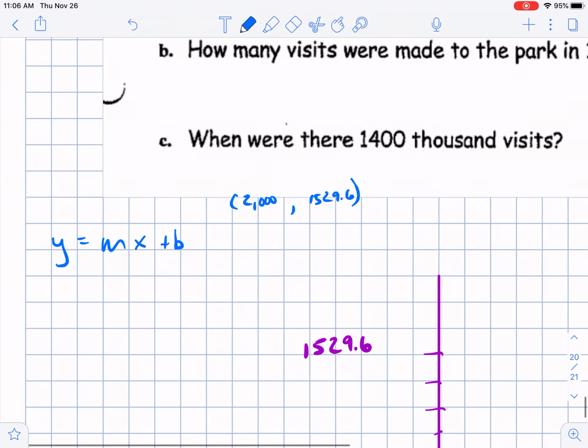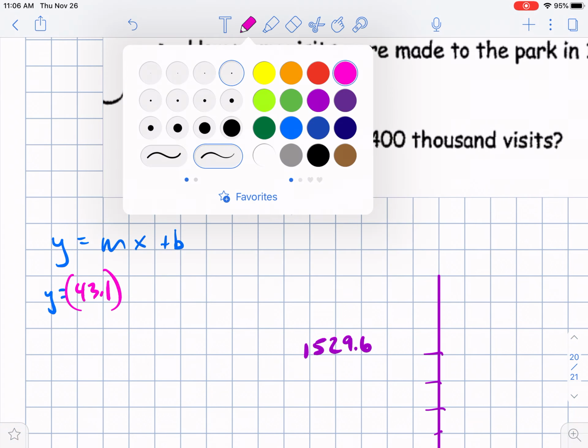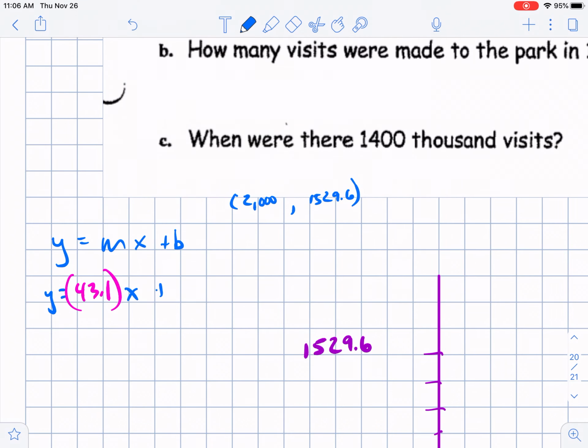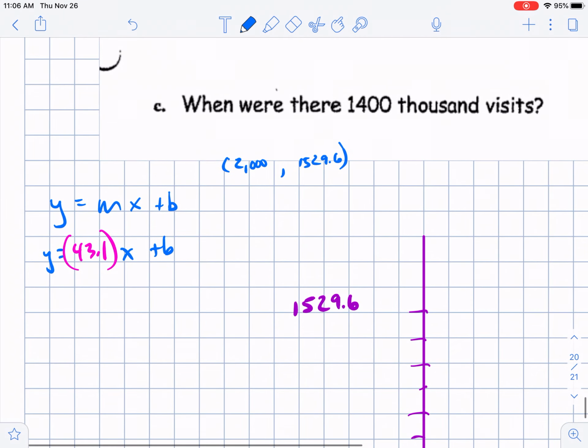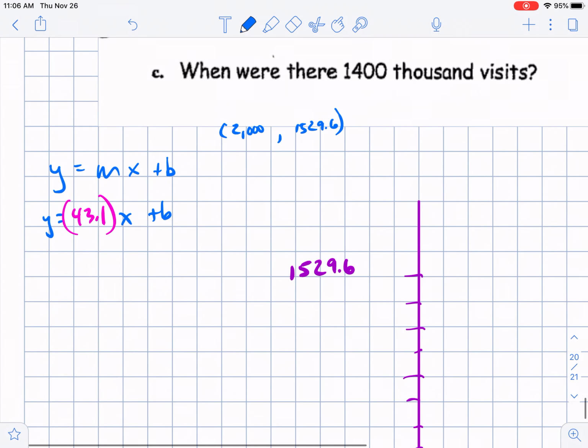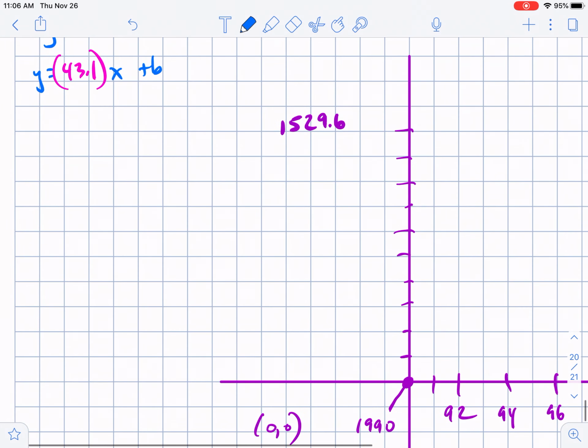And we have a slope, 43.1. y equals 43.1 x plus b, the y-intercept. And the y-intercept happens to be here, but again, it's not 0, 0, okay?